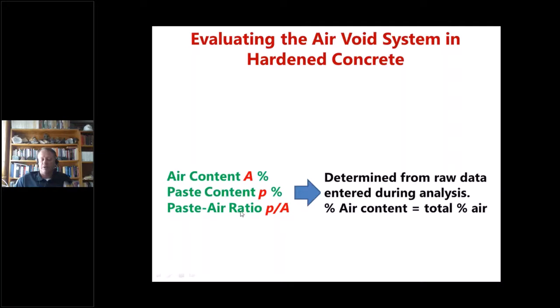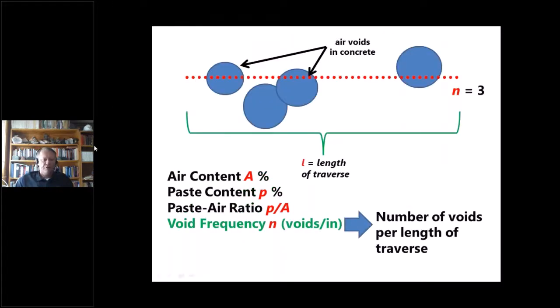Again, these are computed just from the raw data that you measured and entered from your analysis. The fourth variable is something called void frequency, and essentially all we're doing there is determining how many air voids we cross through on any particular length of traverse.